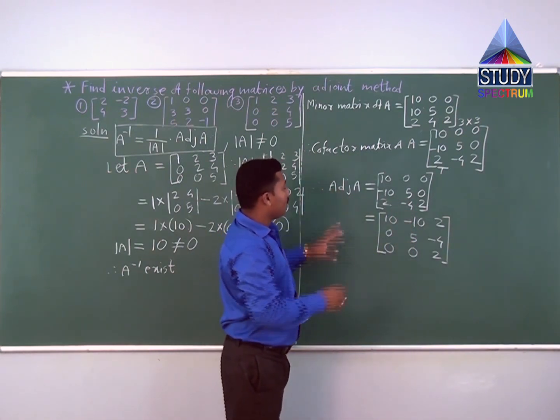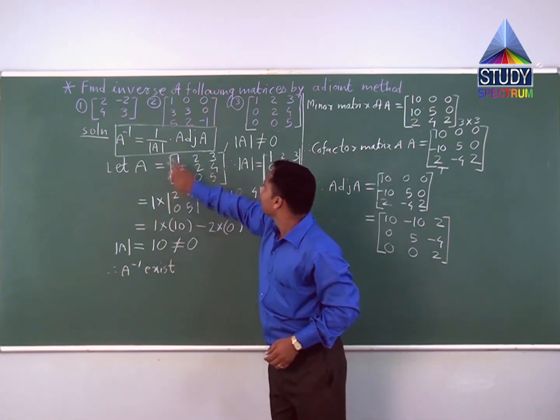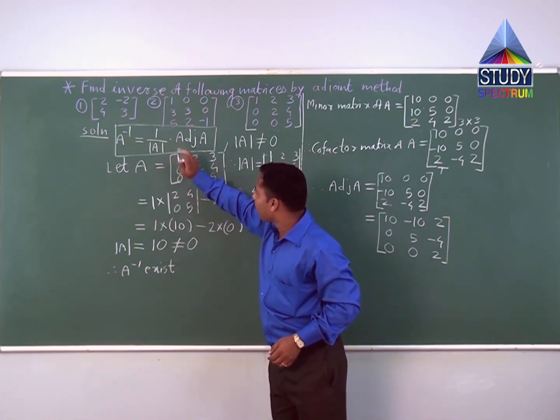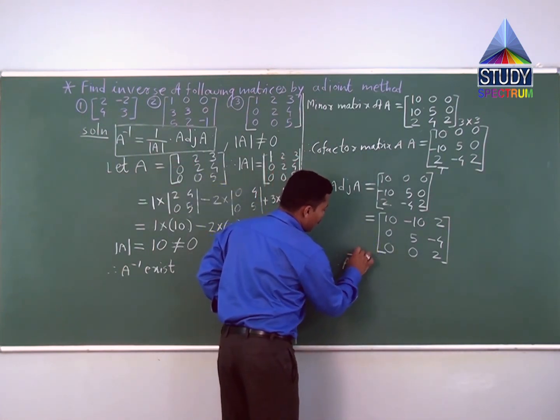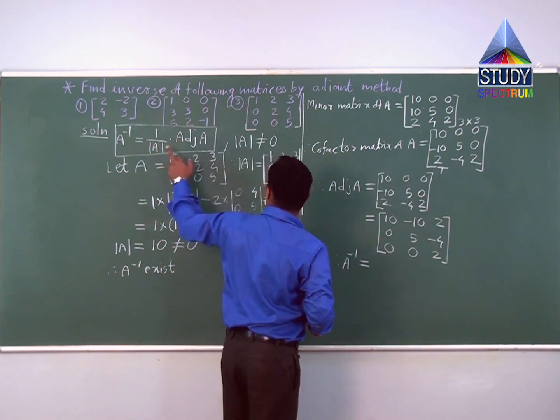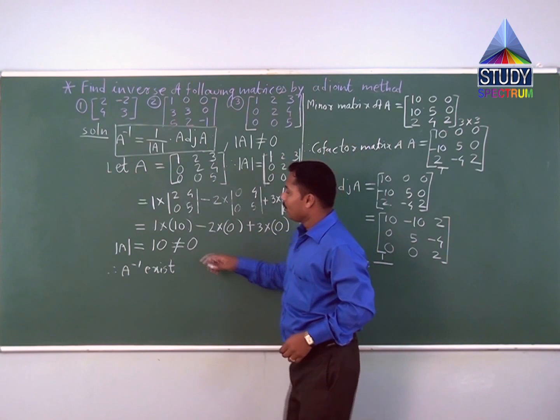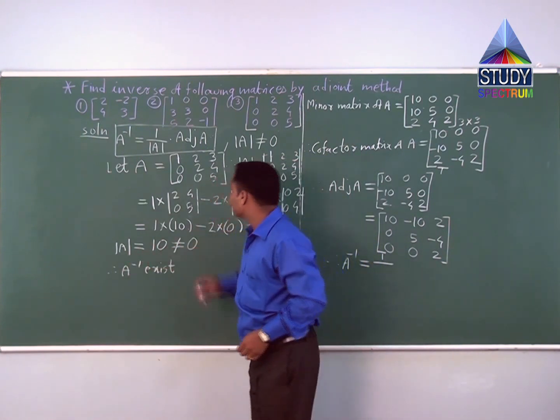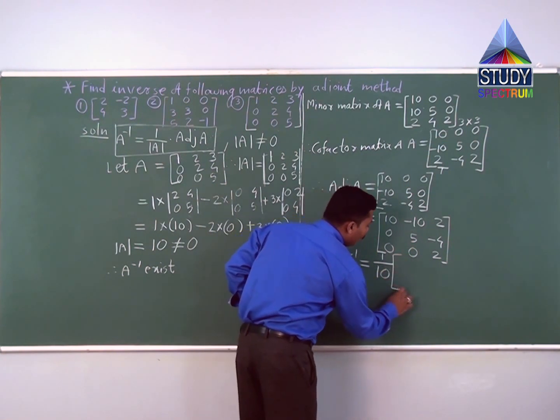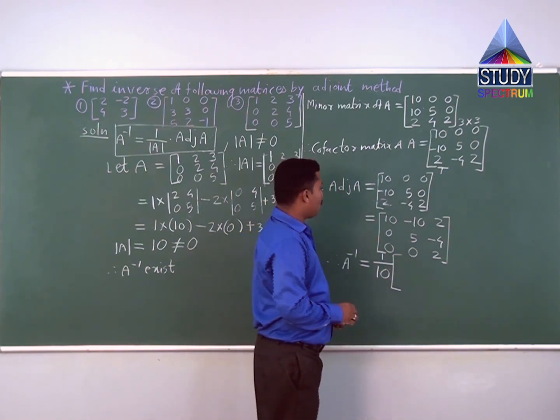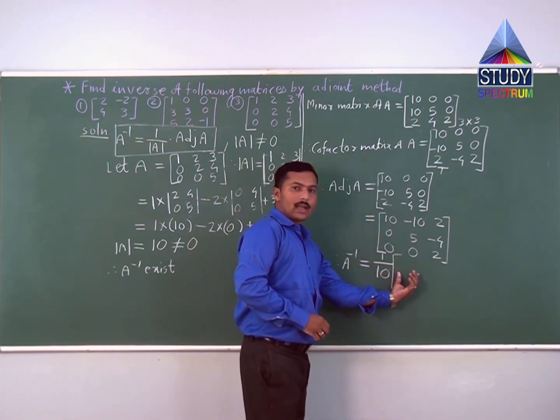So by putting this adjoint of A and determinant A in our formula, A inverse equals 1 upon determinant A. What is determinant A? Determinant A equals 10. So 1 upon 10 into adjoint of A. This is our adjoint of A, taken as it is.